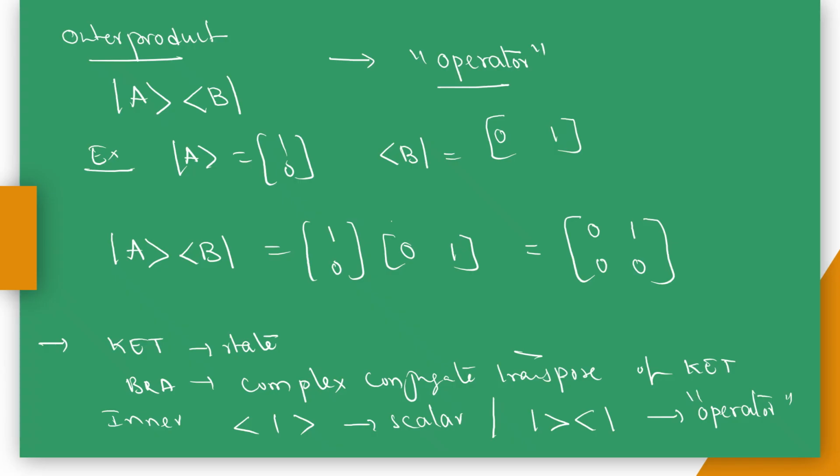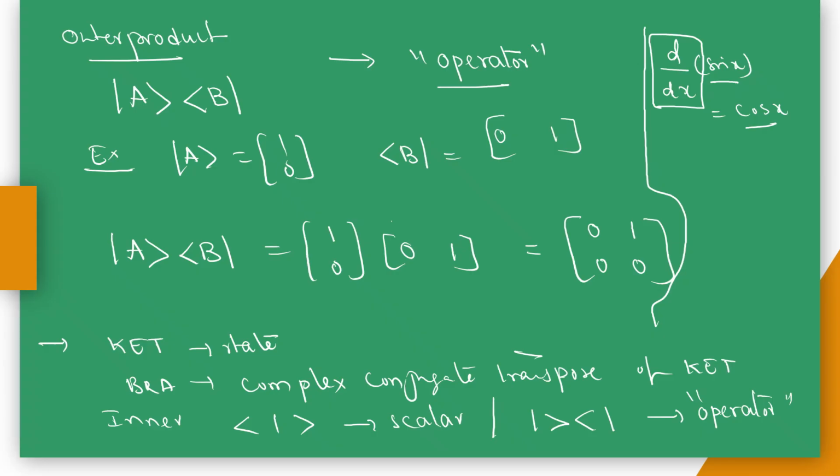If you have any doubt related to the operator, see here d by dx of sin x. What does it mean? It changes it to cos x. Here the function sin x is changed into cos x because of the operator, the differential operator d by dx. So one state is changed to another state by operating with a certain operator.